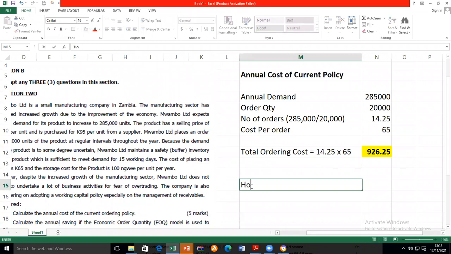Holding cost. Holding cost equals buffer plus order quantity by two, multiplied by the holding cost per unit.